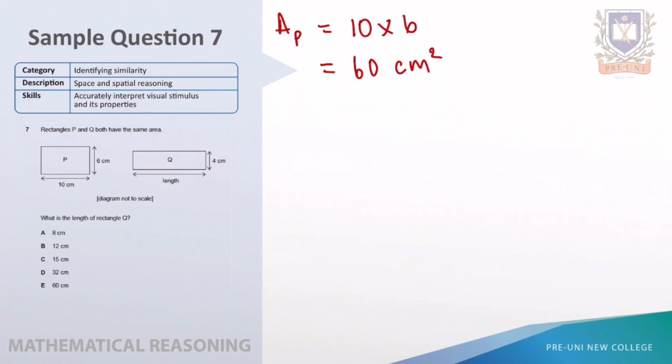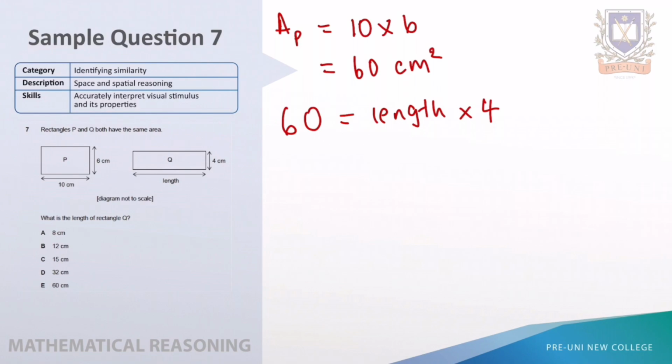Now looking back at the question, we are also told that both P and Q have the same area. So what students can do next is to formulate an equation where we have 60 is equal to the area, so the length and the width of rectangle Q. Now what we can do is easily solve this.